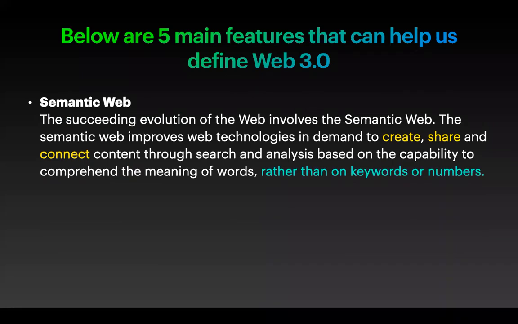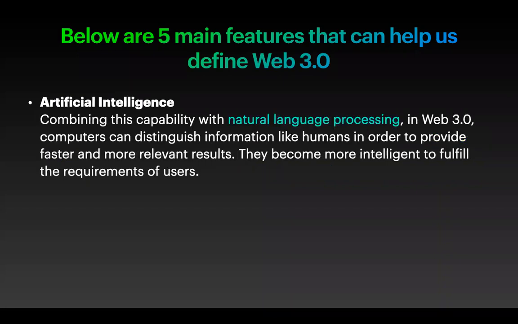The way we create things on the internet, share them, and connect with other people, all these are connected together in the semantic web. And rather than keywords or just numbers, reasoning is more involved in the semantic web. The next is artificial intelligence.